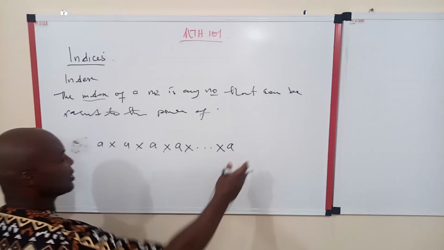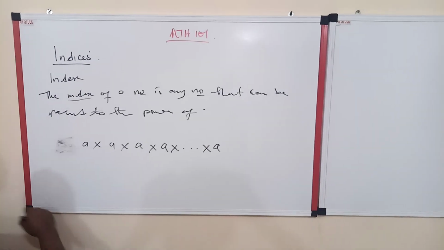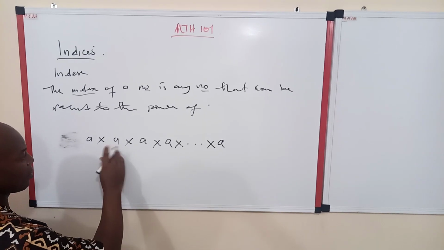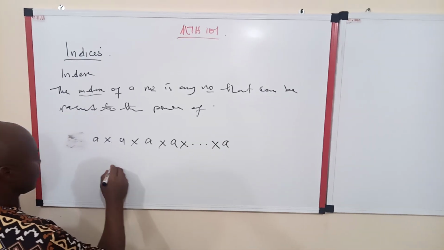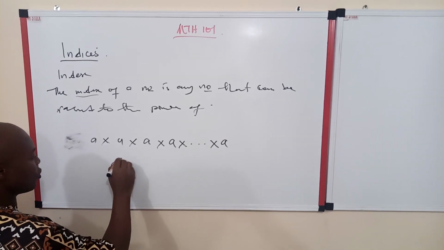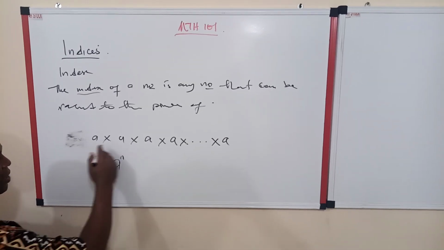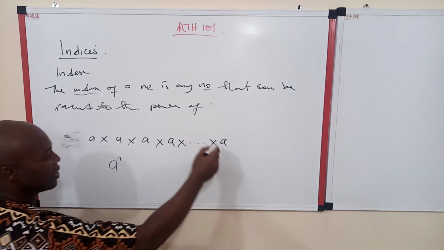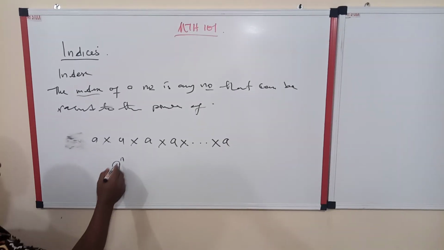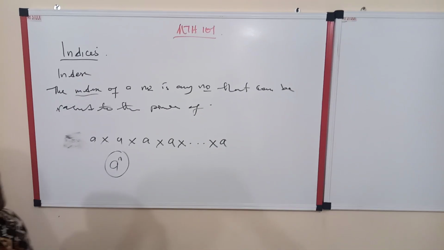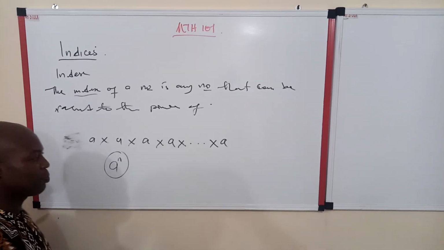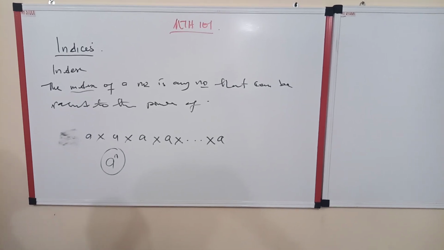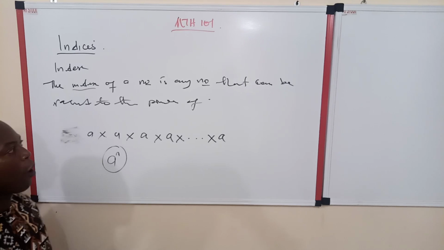Instead of writing these long expressions, in index form you say, being that it is n times, a raised to power n. This simply means a times a times a into n times. So it's a convenient tool that enables us to write some mathematical expressions compactly.